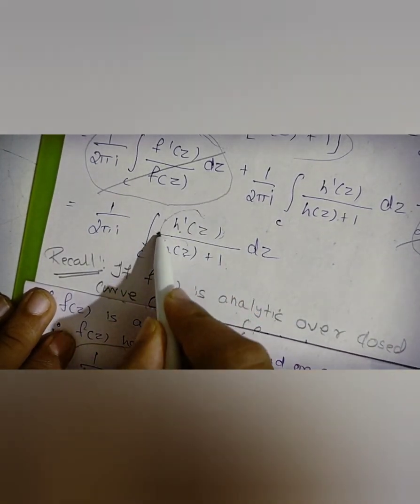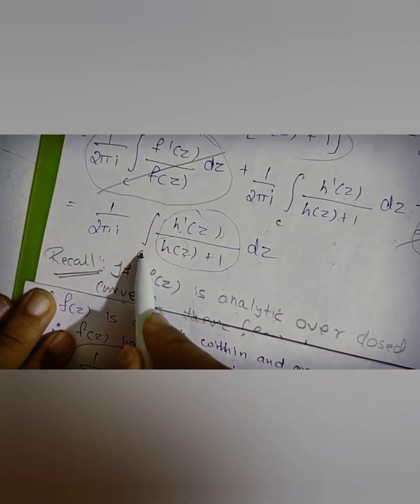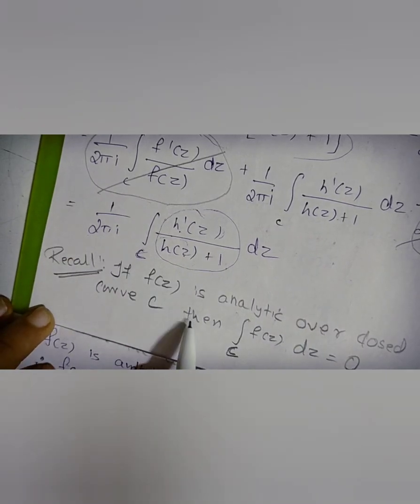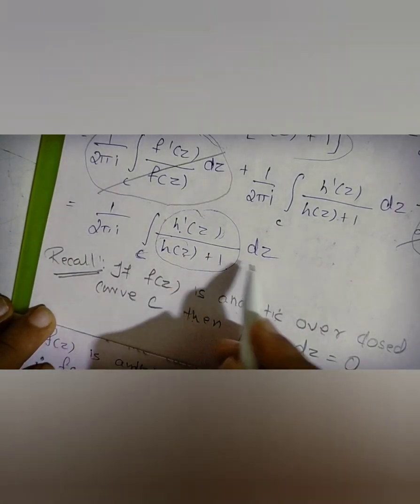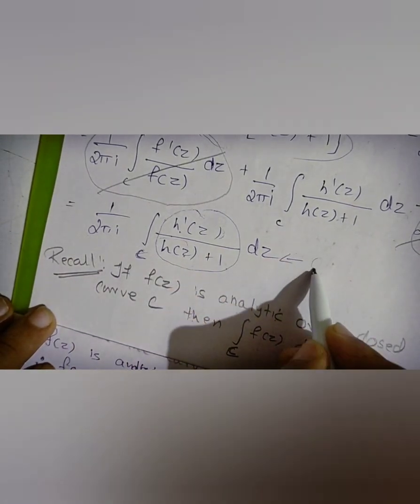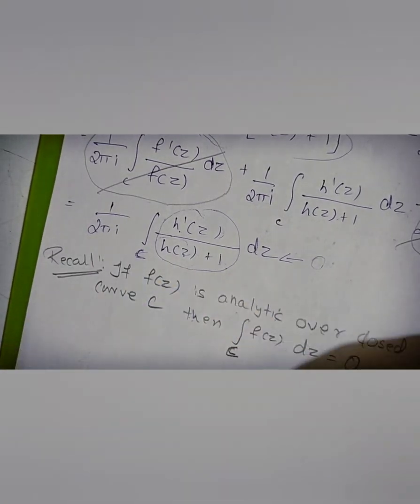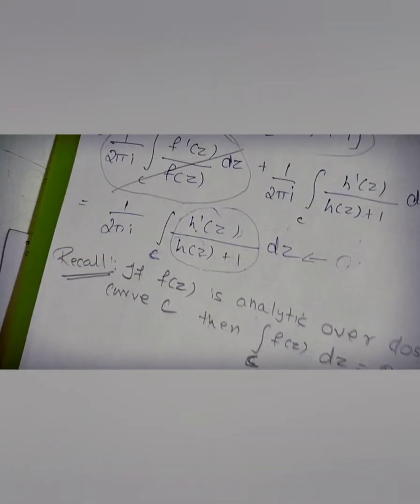Since this entire thing is analytic and over a closed curve C, using the theorem which we stated right now, we can say that this integral is nothing else but 0. That's how we will be winding up our proof. Let's write it down straight away.